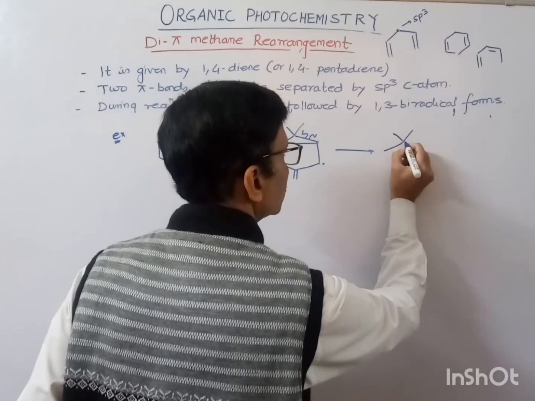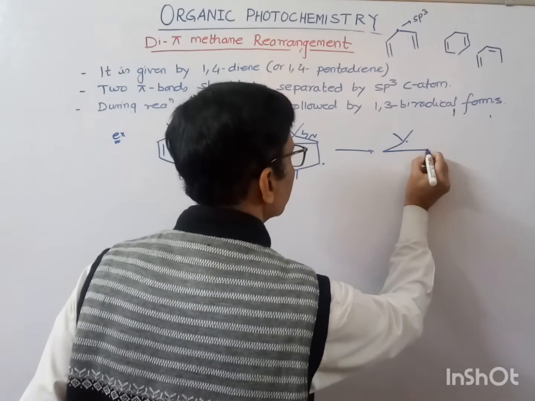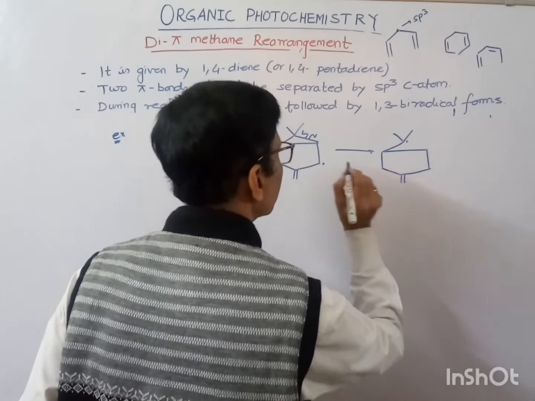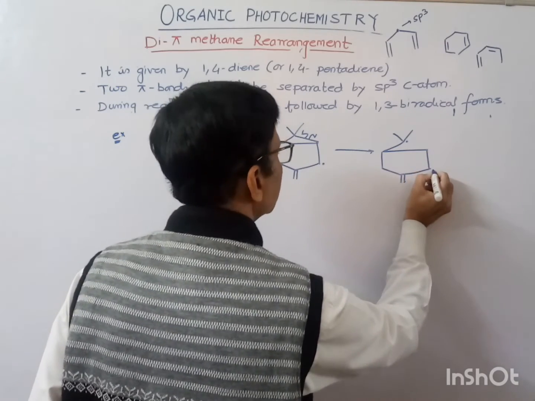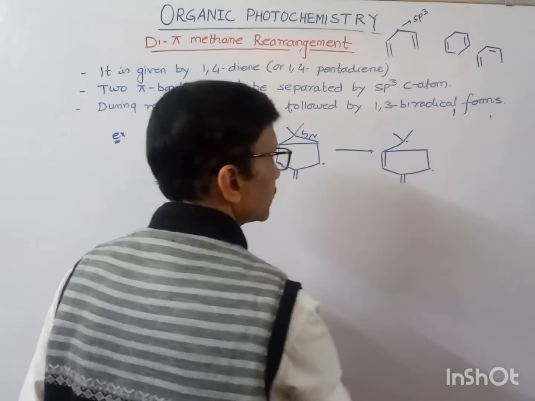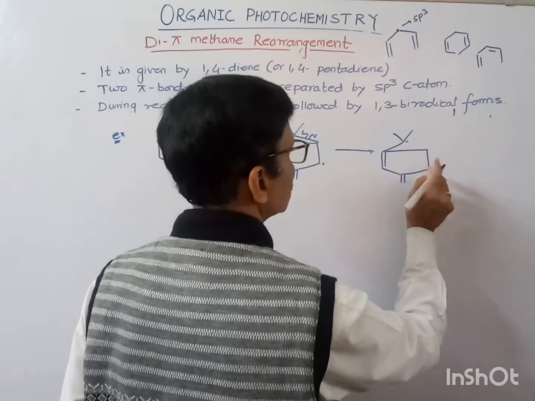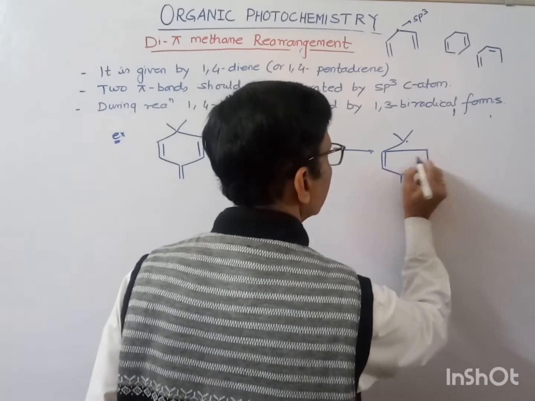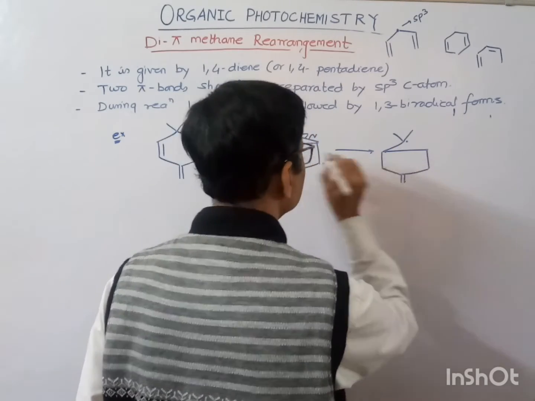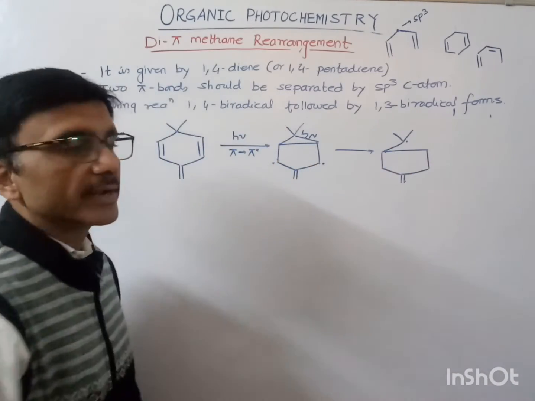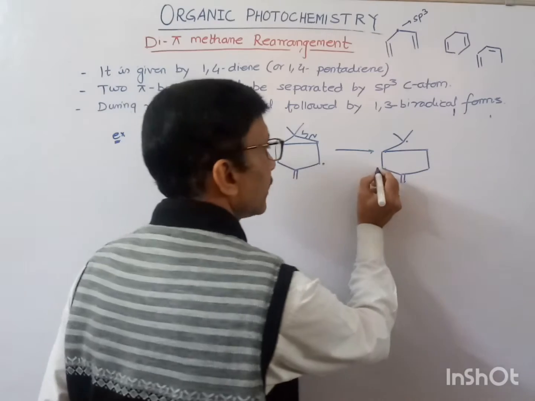Suppose I break this one, and we have a double bond at this position, and this is the new radical. This is a 1,4 biradical followed by a 1,3 biradical.